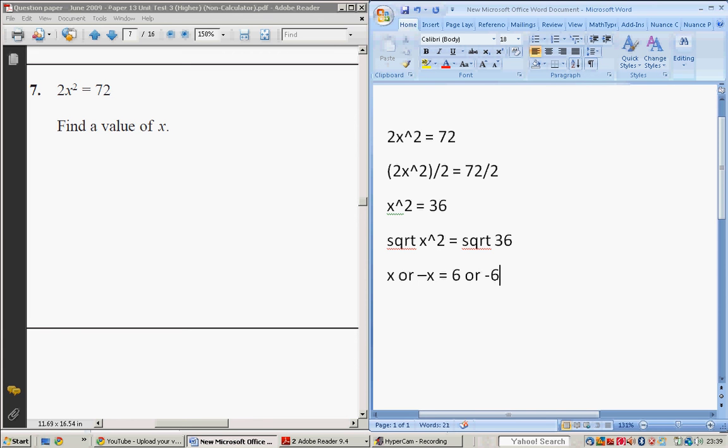Negative times negative equals a positive. So the square root of 36 is 6 or negative 6. Okay, so our final answer will be x equals 6 or negative 6. I'm guessing they're probably just going to have the answer as 6.